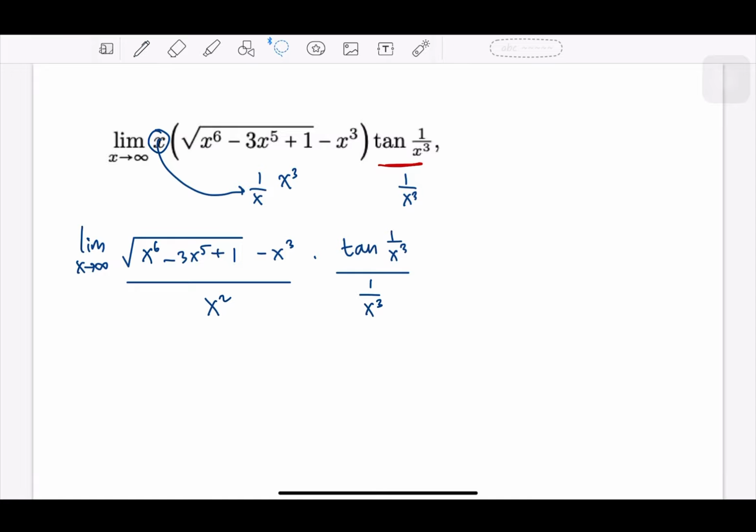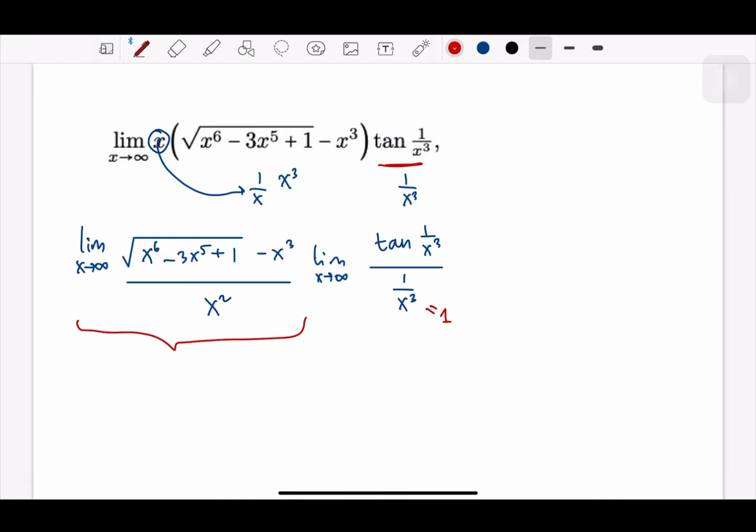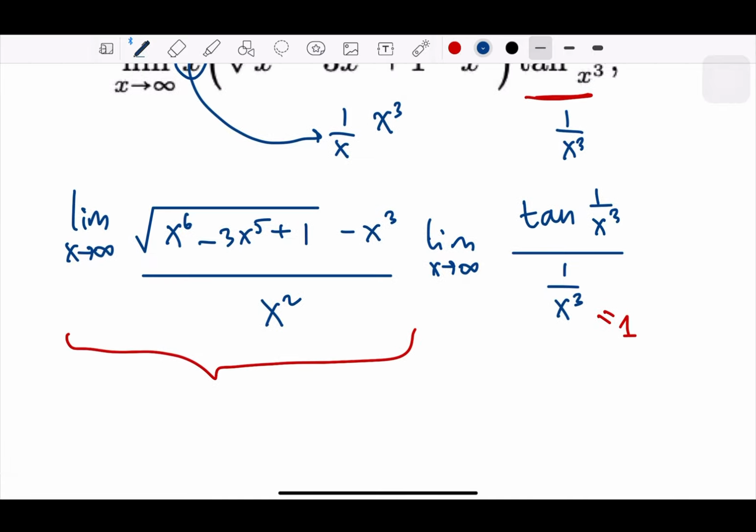Now if we take this limit here, let me write the limit here, this will be equal to 1. Now we are just focusing on this part. We have the negative here, so we need to take rationalization.